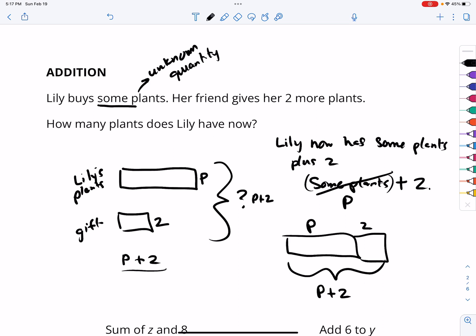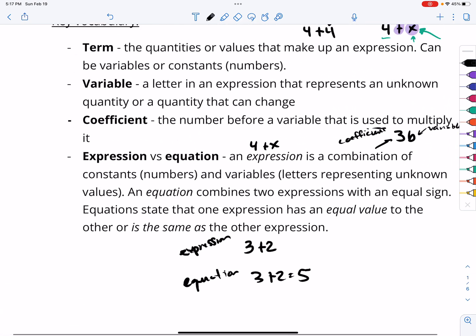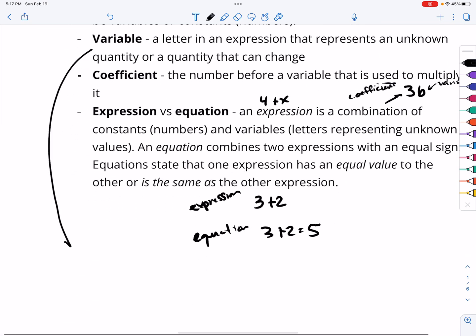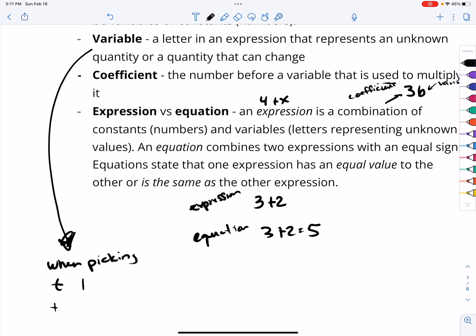Just a quick note about when you're picking a variable. I'm going to scroll up here. When picking, we typically avoid certain variables. Things like t often we'll try to avoid because it looks pretty similar to a plus sign, or a lowercase l because it looks like a 1, or maybe an uppercase I, but you don't do the lines on the side, again, because it looks like a 1.